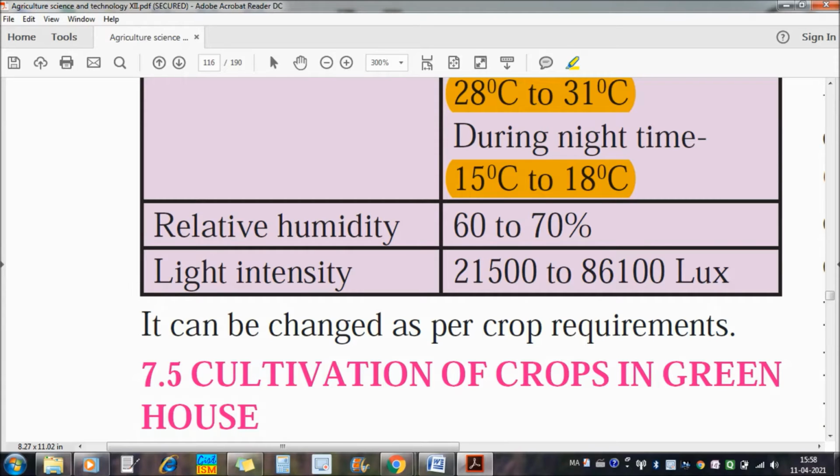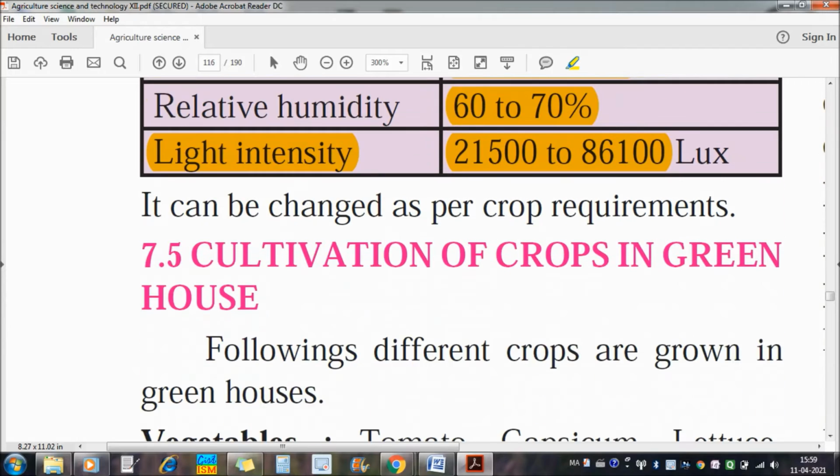If the temperature goes beyond 31 degrees, we have to use a cooling system. So this temperature of 28 to 31 is required in almost all crops. Relative humidity should be 60 to 70% and light intensity should be 21,500 to 86,100 lux. This can be changed as per the requirement of the particular crop.